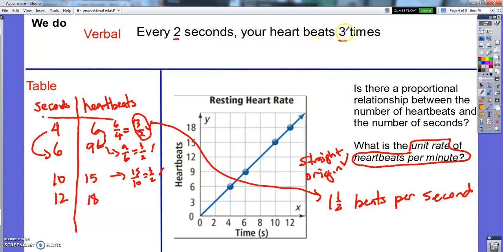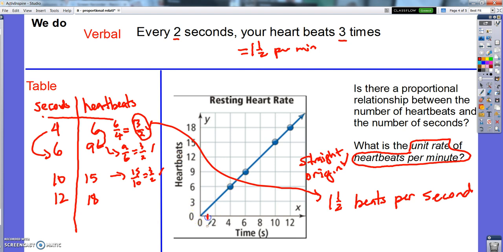You see 1.5 here, 3 beats in 2 seconds equals 1.5 per second. So we see that 3/2 here, we see that 3/2 here, and we see that 3/2 here. The unit rate and the constant of proportionality are the same thing. They're that 3 and that 2 that this goes up in. So they all are the same thing. And I can also find that on the graph, right?